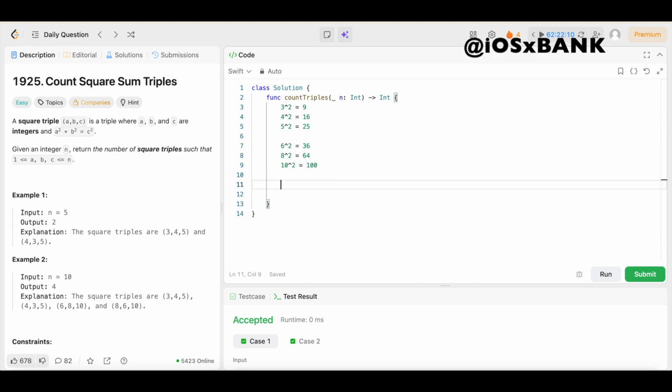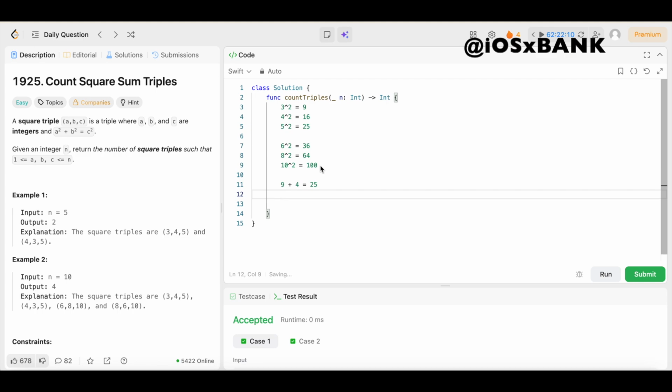So it's the same thing. It would be 9 plus 16 again, which is going to equal 25. Once again, we do the same thing.